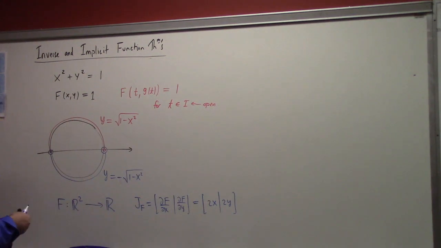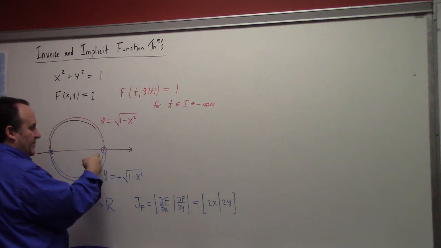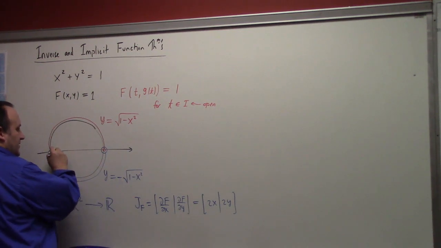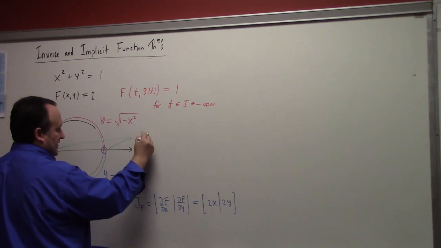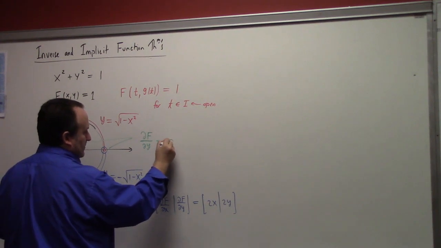And of course, that's the gradient vector up to a question of notation, rows versus columns. So what is it about these points that's troublesome? Well, these are the places where partial f partial y is equal to 0.